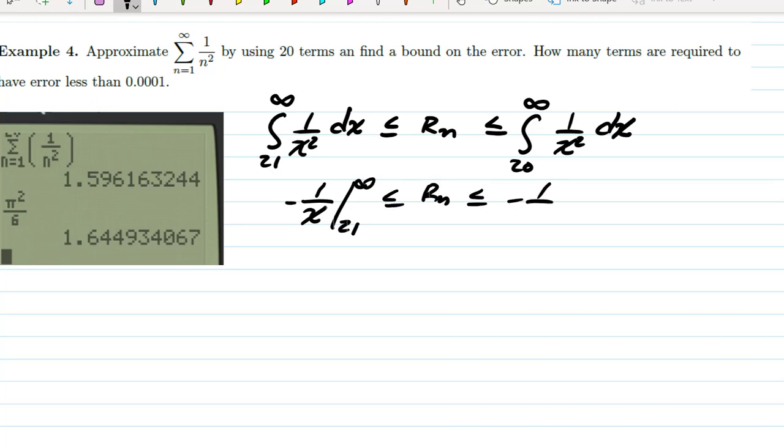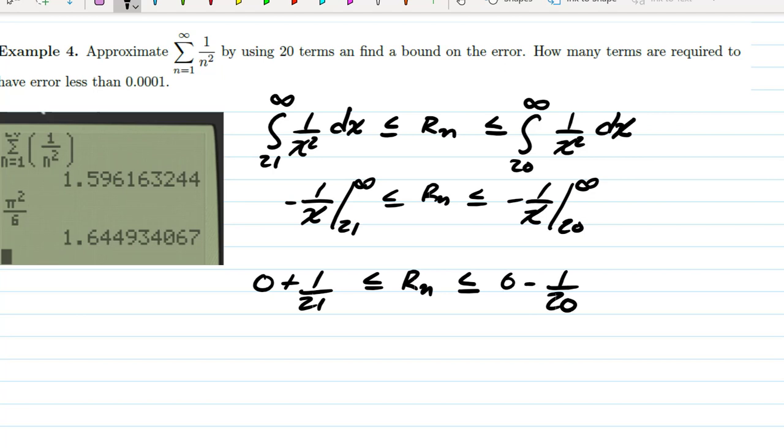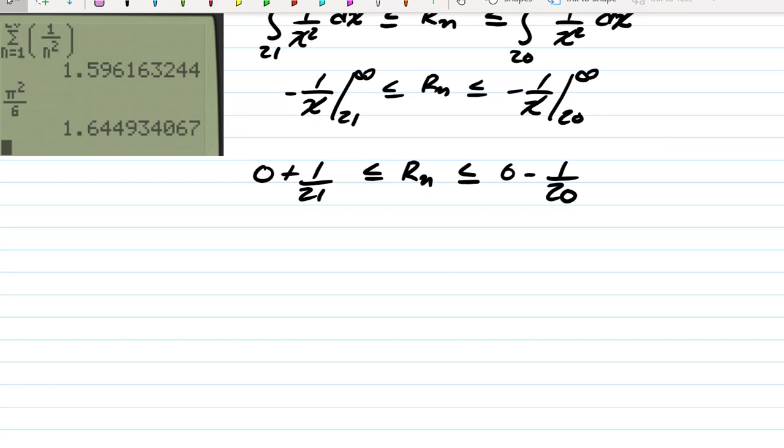And our antiderivative is still negative 1 over x, and this time we're going from 20 to infinity. So at infinity we get 0, and then minus a minus, so we get 0 minus minus is a plus 1 over 21 is less than or equal to our remainder, is less than or equal to 0 minus 1 over 20. So then this tells us the remainder of our series is somewhere in between: 1 over 21 is less than Rn is less than 1 over 20.